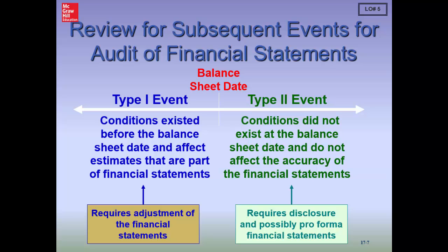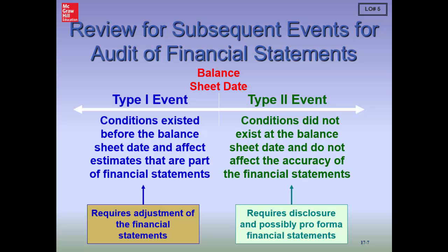These events can be classified as either a Type 1 event or a Type 2 event. A Type 1 event is a condition that existed before the balance sheet date, perhaps an estimate, but within the subsequent event period. Again, the subsequent event period is from the end of the balance sheet date until the issuing of the financial statements and the audit opinion letter.